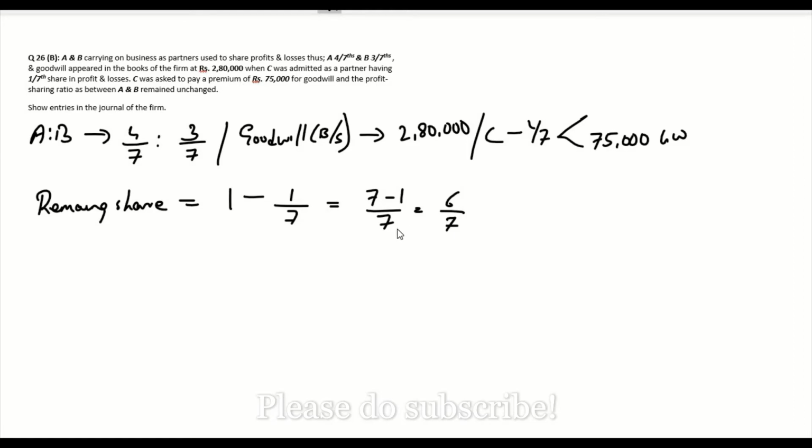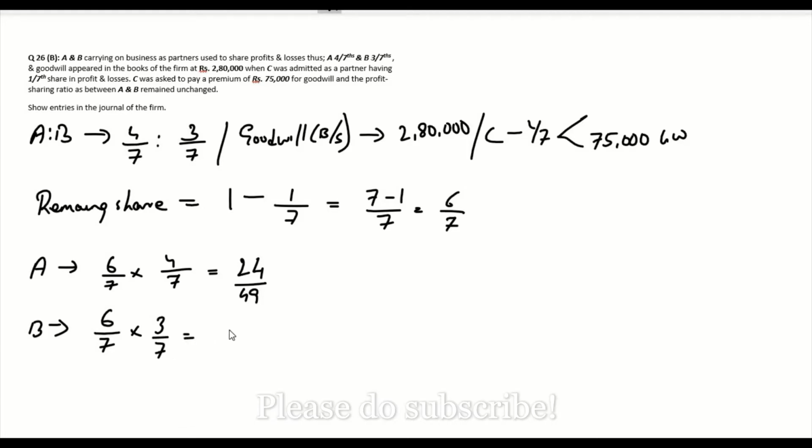Now this has to be divided by A and B in their existing profit sharing ratio. So A, it is going to be 6/7 into 4/7, which is equal to 24/49. Then B, his remaining share 6/7 into his old share, which is 3/7, is equal to 18/49.